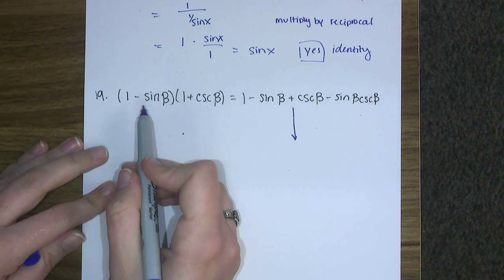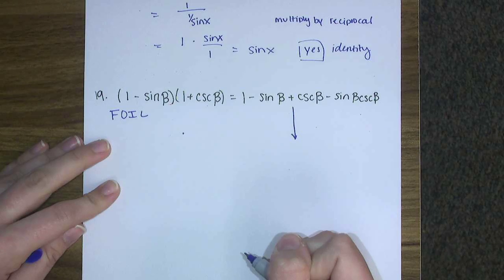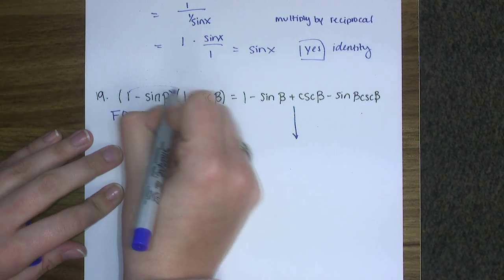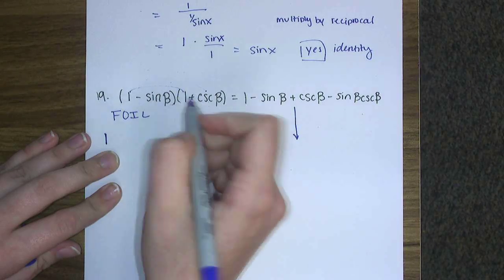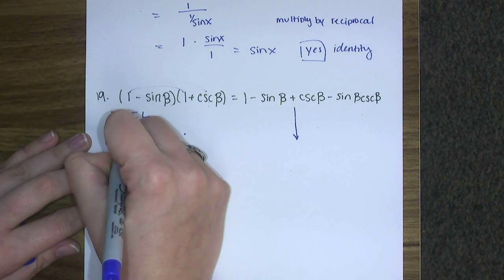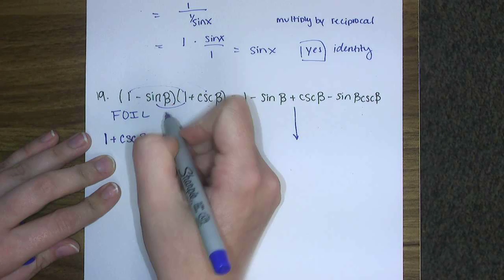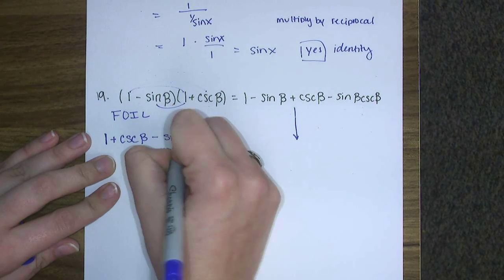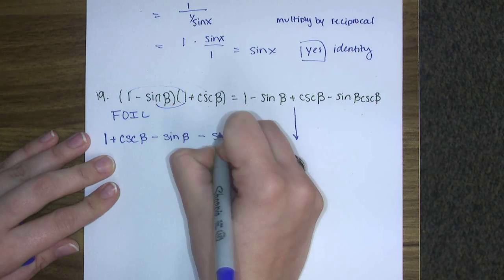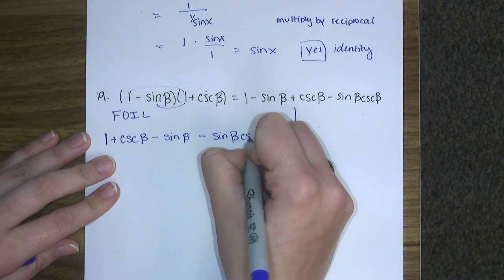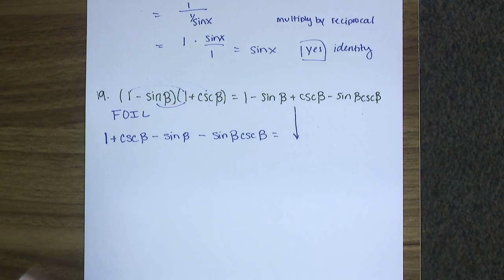Over here, I'm just going to FOIL. So 1 times 1, so 1. 1 times cosecant plus cosecant of beta, minus sine of beta, minus sine of beta cosecant of beta is equal to all that on the right side.